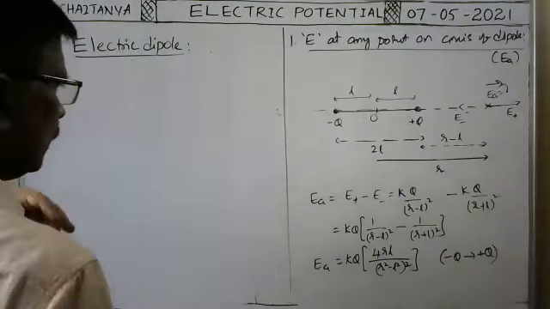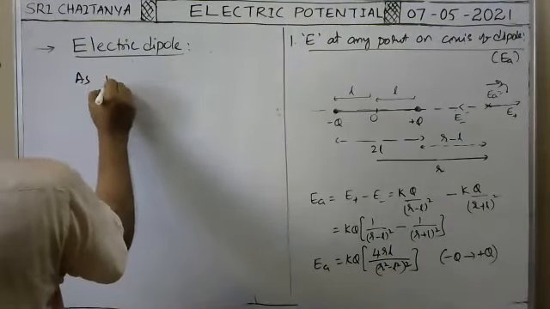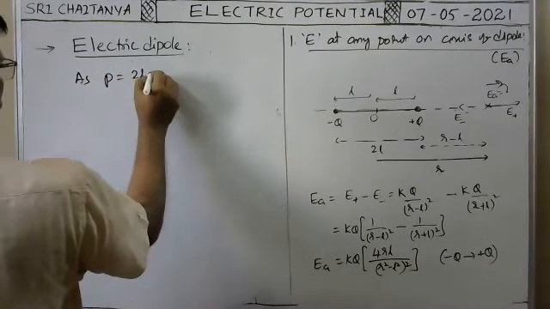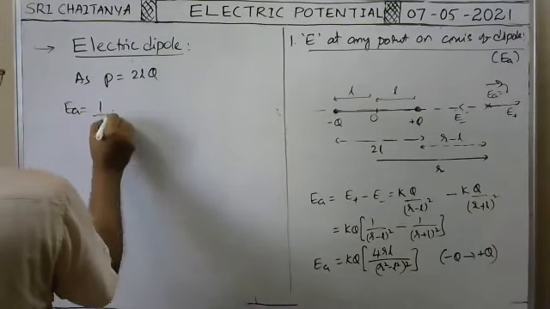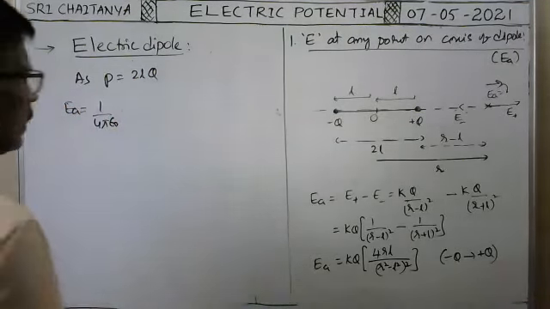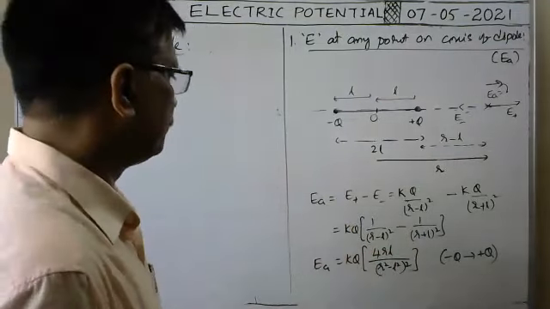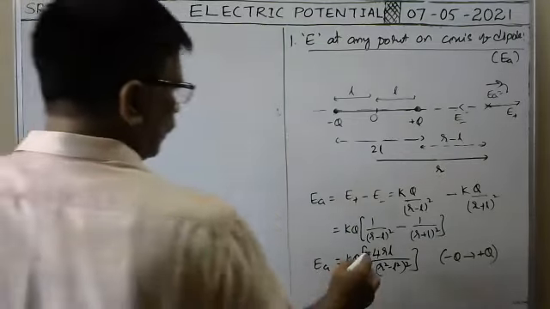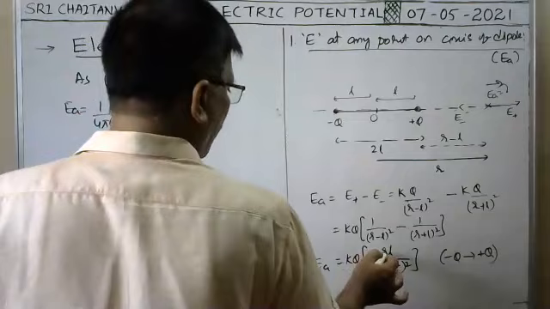Moreover, in this case, as the electric dipole moment is equal to 2L into Q, the intensity of electric field EA is equal to K, meaning 1 by 4 pi epsilon naught, into, here 2L into Q can be written as P. The remaining 2R is there.